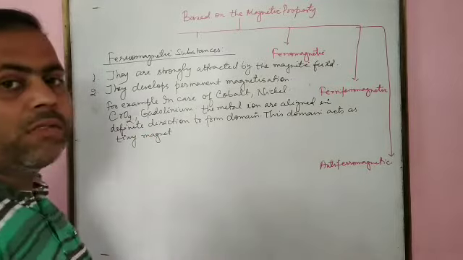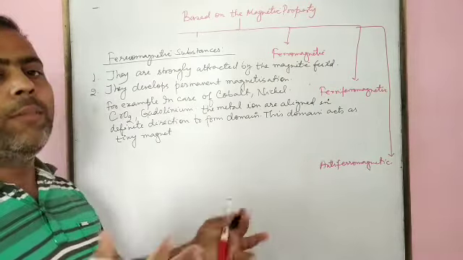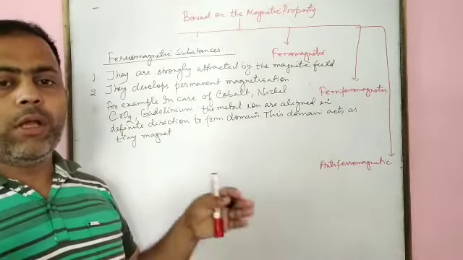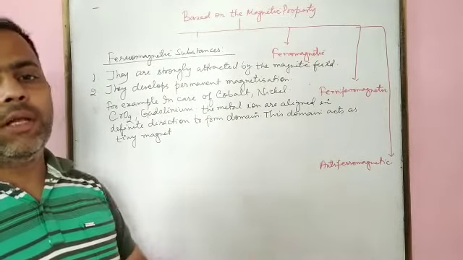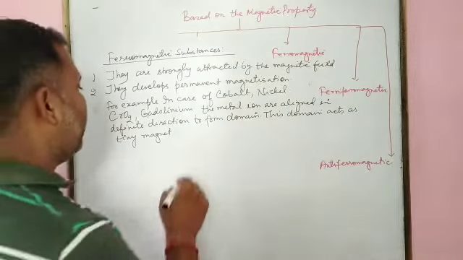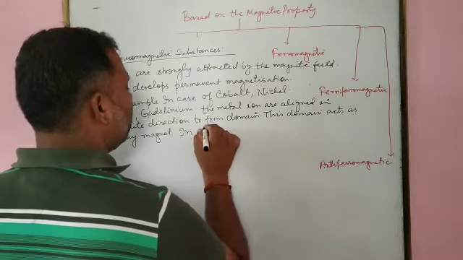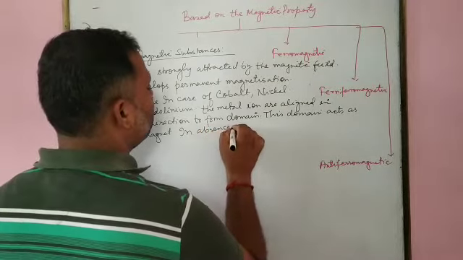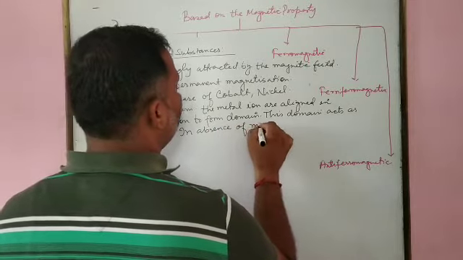In the absence of a magnetic field, they are randomly oriented. Therefore, the magnetic moments of the domains cancel out each other.